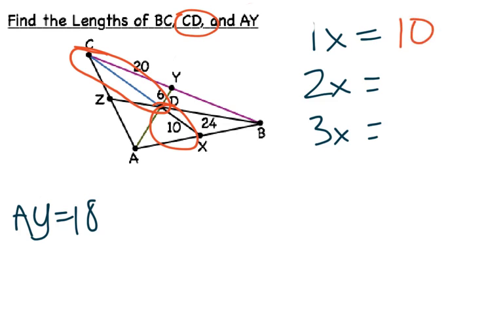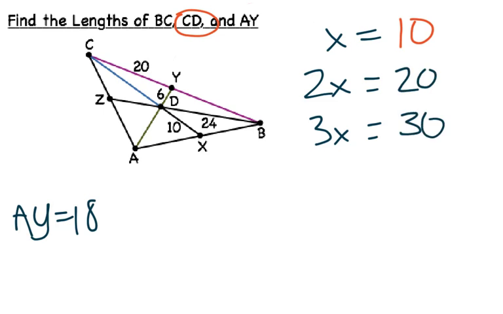So in other words, x is 10. So if x is 10, then 2 10s would be 20. So the 2/3 part would be 20, and the whole length would be 30. So let's see what they ask us for. They only ask us for this part right here, which is the 2/3 part. So CD is 20.